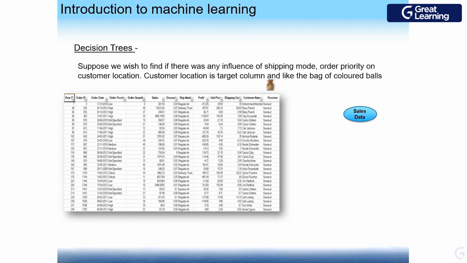Otherwise, this is a long data. In the last column, you have values like Nagar, Adyar, and other things. Now the objective is to find out, looking at the other attributes, can I guess where my customer is located?